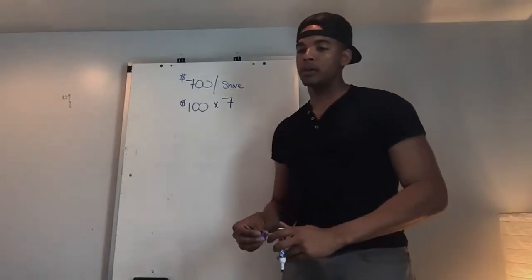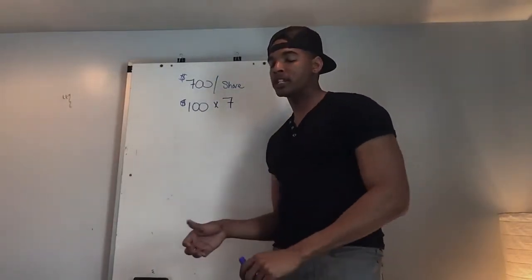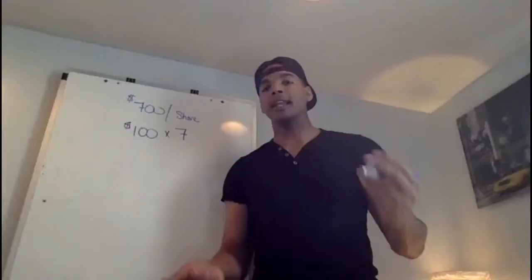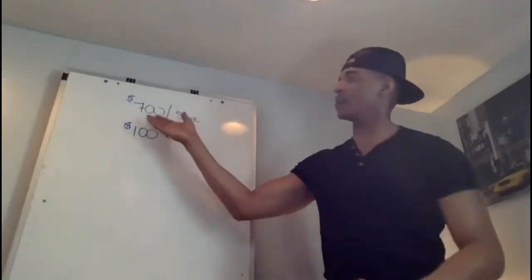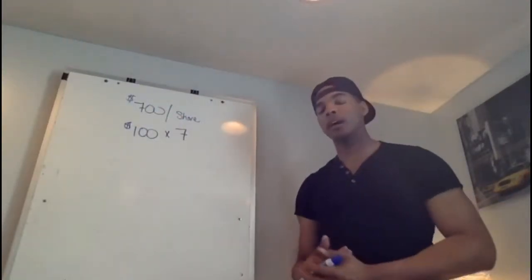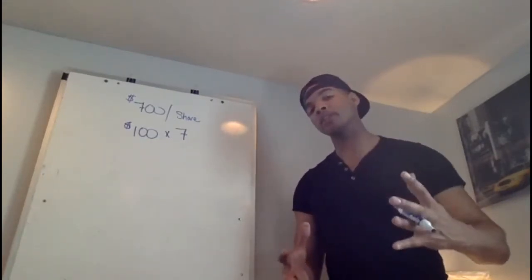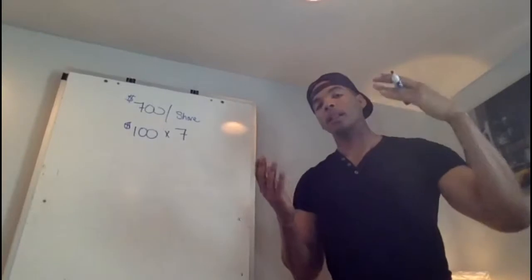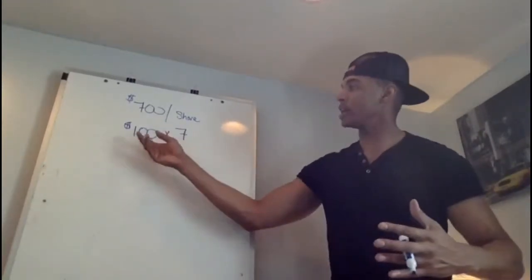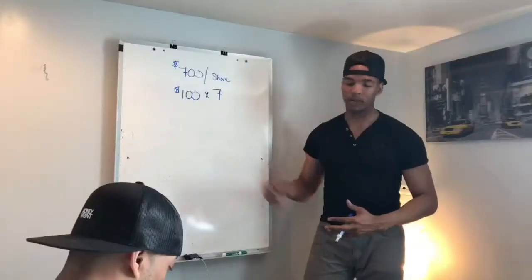Knowing that is really good, because it tells you the company was at $700 per share, then dropped to $100, and whoever had that big share now has more shares, at $100 times 7.